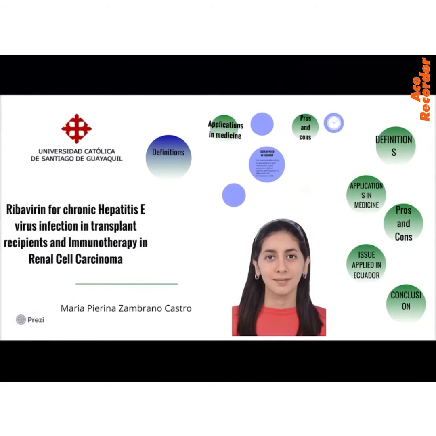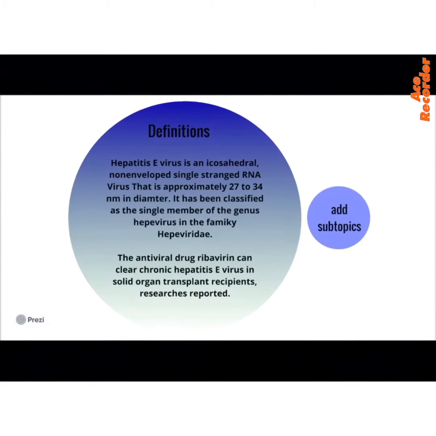Ribavirin for chronic hepatitis E virus infection in transplant recipients and immunotherapy in renal cell carcinoma. Definitions: hepatitis E virus is an icosahedral non-enveloped single-strand RNA virus that is approximately 27 to 34 nm in diameter.